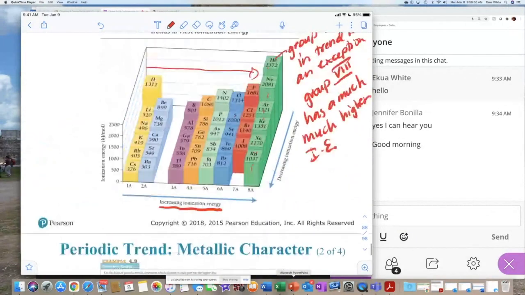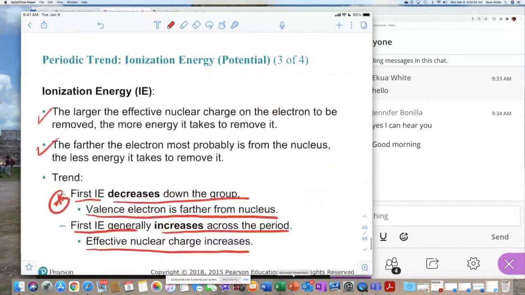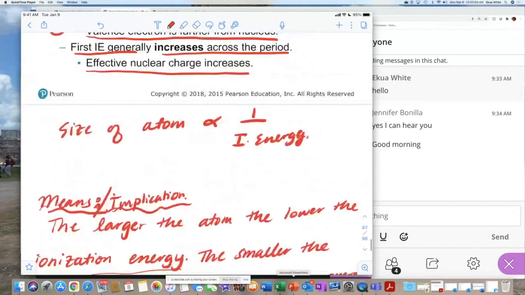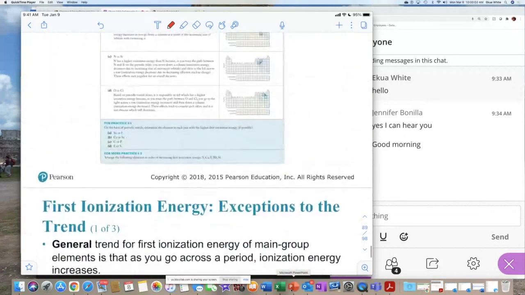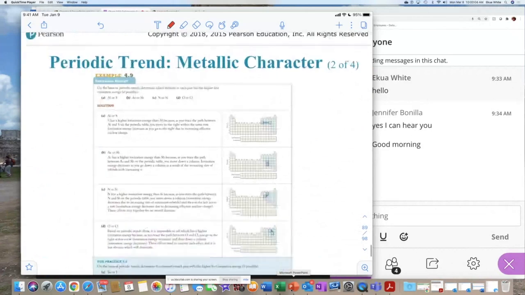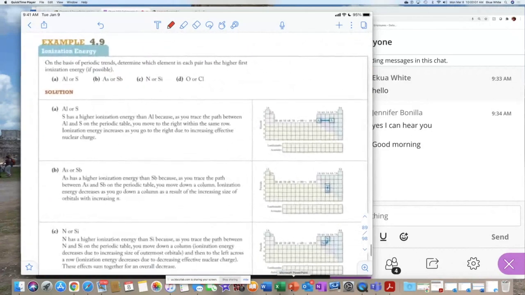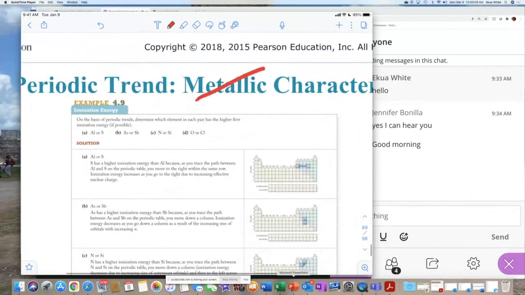Okay. So even though we don't have a question here, I thought we had a question because this is going straight to metallic. Oh, I just realized this is supposed to be ionization energy. I'm like, why is it saying right? Ionization energy. We're doing metallic last.